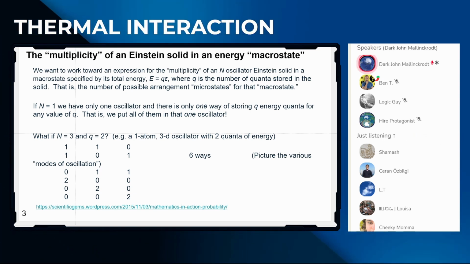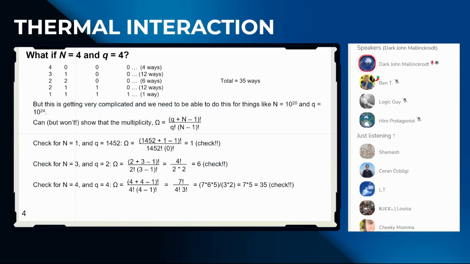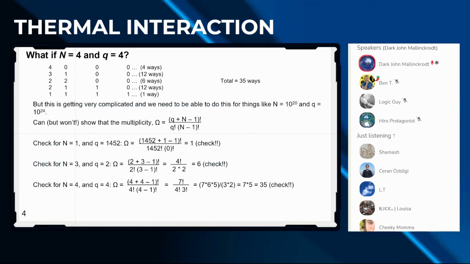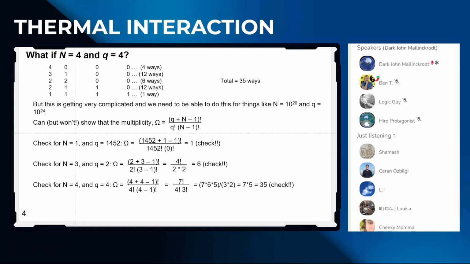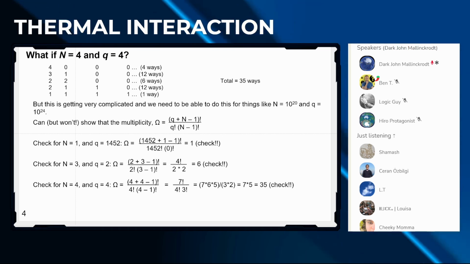Let's move on to slide 4. So what if n is equal to 4 and q is equal to 4? Now it's getting a little complicated, and I haven't enumerated them, but I think you'll agree with me that there are 4 ways of putting all 4 units of energy into one of the 4 oscillators. It might be a little trickier to see that there are 12 ways of putting 3 of the units in one oscillator and 1 in another, right?